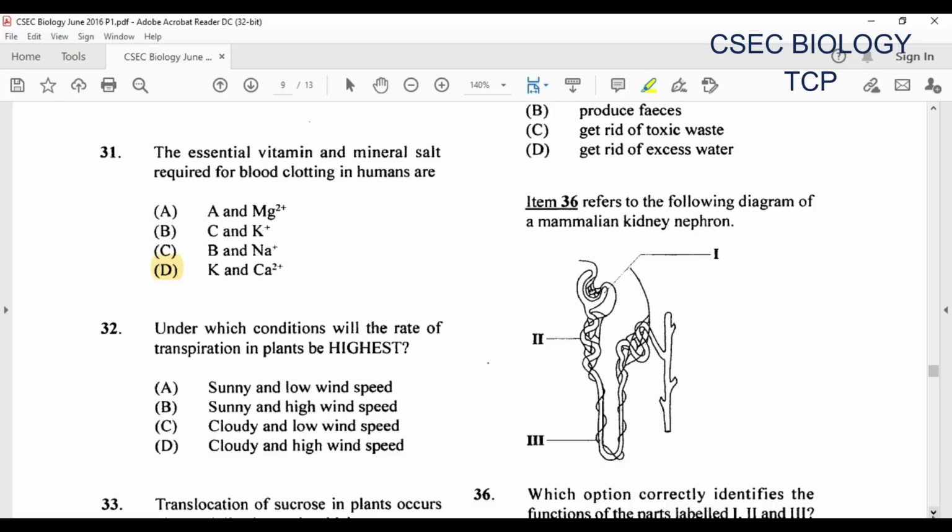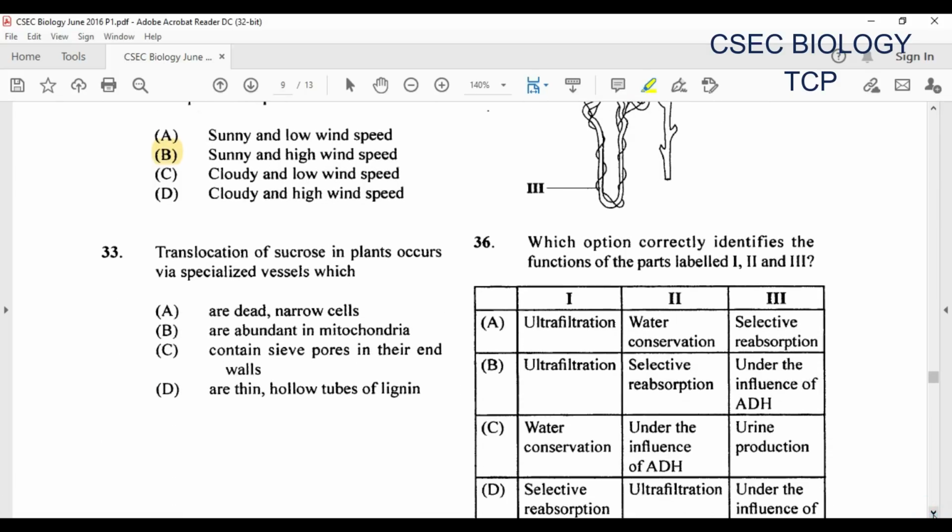The answer here is going to be B, sunny and high wind speed, as a sunny day is of course going to cause the stomata to be open once it has not lost too much water, and the high wind speed would drive that removal of water, hence the rate of transpiration would be higher.